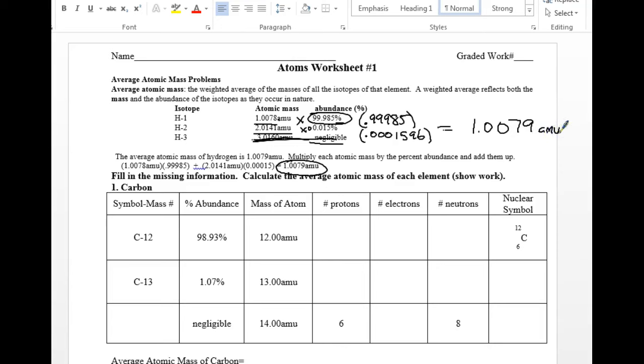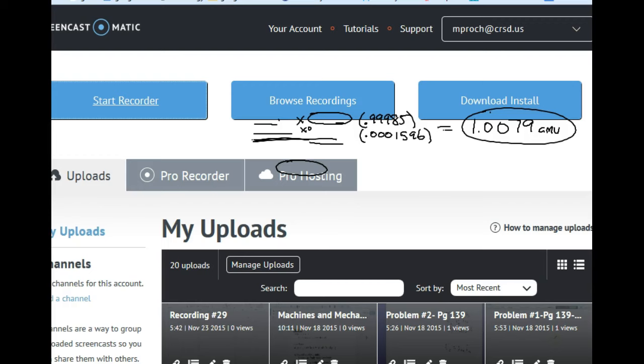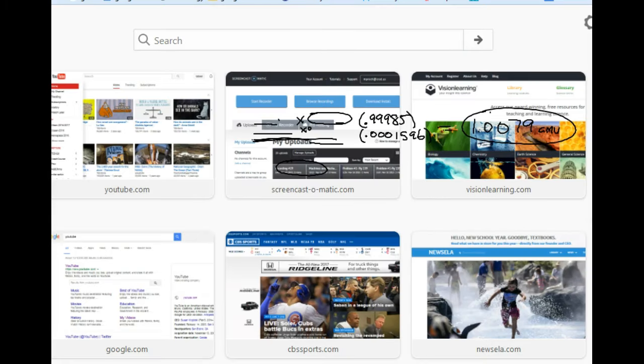If we look, we could just check our periodic table, because that should be what it is. So if we went to the internet here, which we're going to do really quick, and go to the dynamic periodic table. Remember that number, 1.0079, and let's search it here.